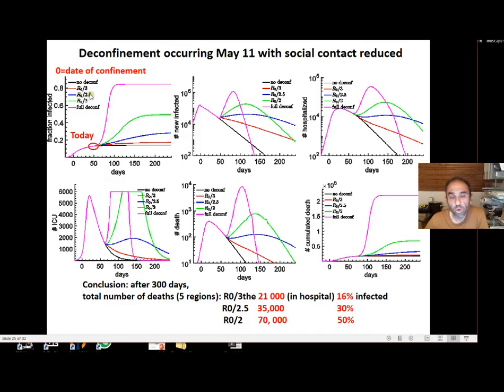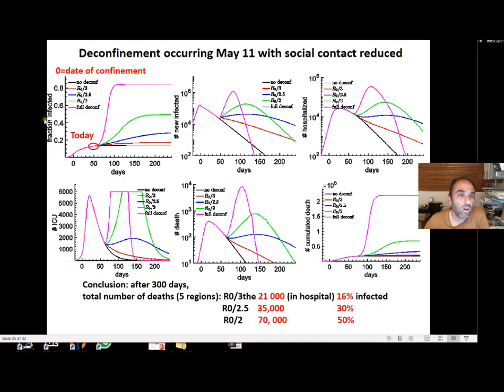R0 divided by 2.5, and R0 divided by 2. We hypothesize that if the mask can reduce the number of emitted particles by a factor of 2.8, then it could possibly lead to an R0 in this range. That's why we studied 2.5 and 3. And we also see what happens if we lose control, to 2.